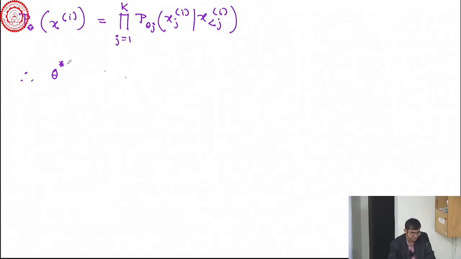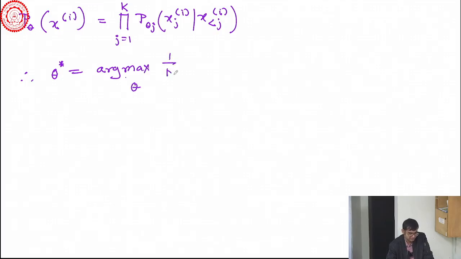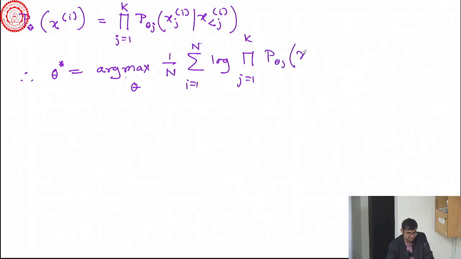So theta star is equal to, we are doing maximization if I remember correctly, argmax of theta. I think there was 1 by n summation i equal to 1 to n, and then there was a log, and then this product comes into picture, p theta j of x j given x less than j, i.